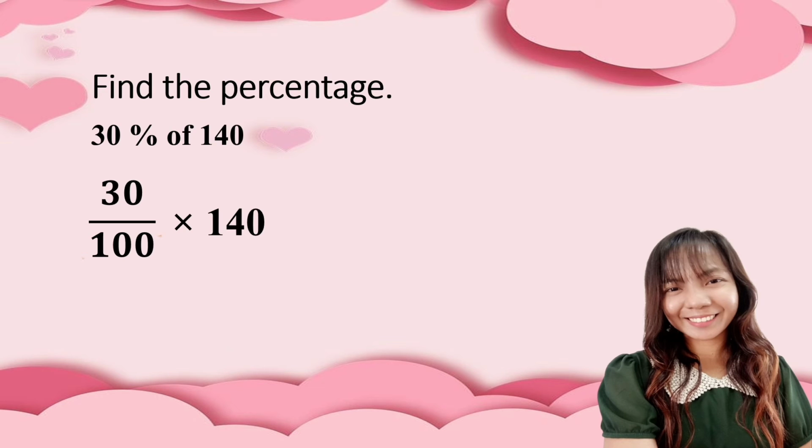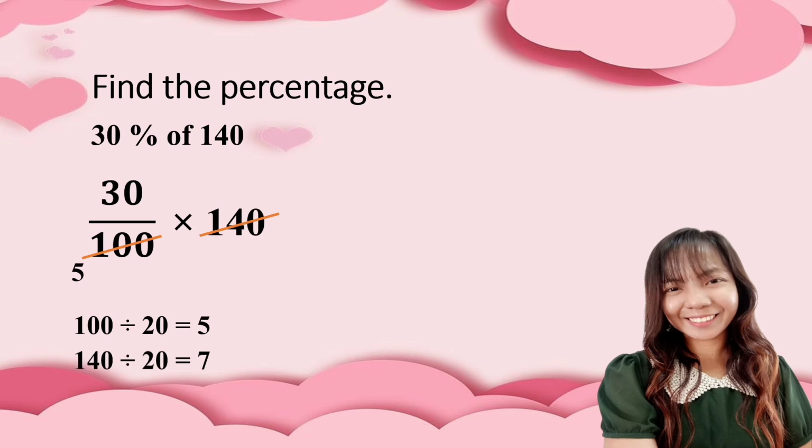So you have to cancel this out. Think of a number, the greatest number that is divisible to both 100 and 140. Okay, so the answer is 20. 100 divided by 20 equals 5.